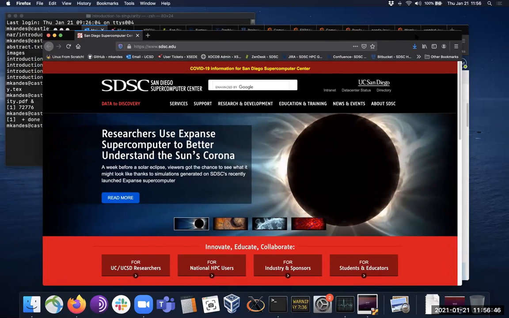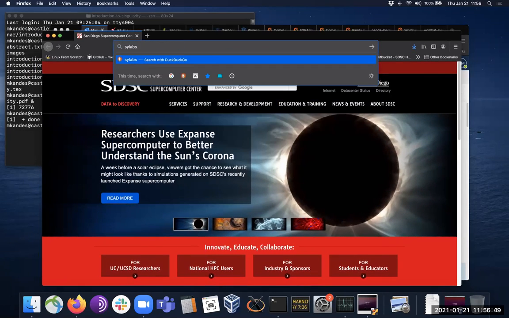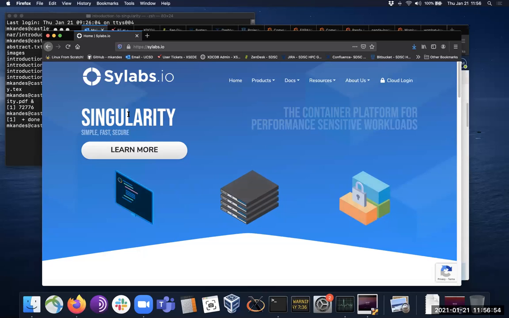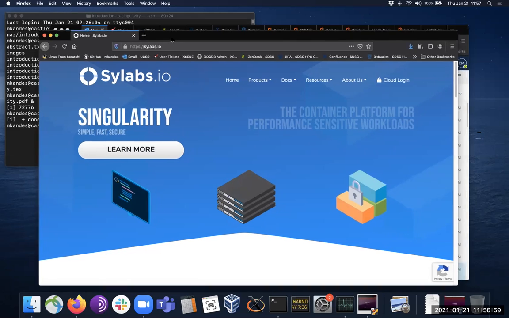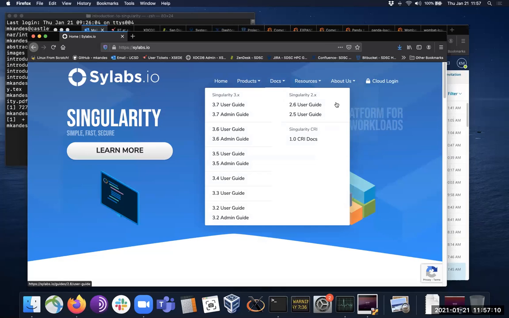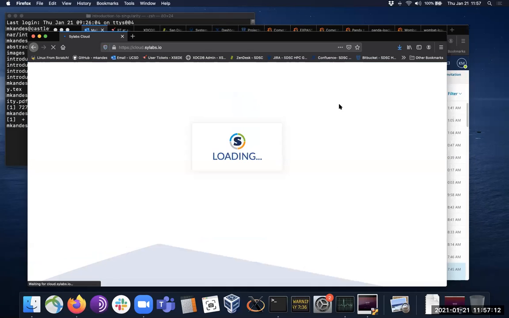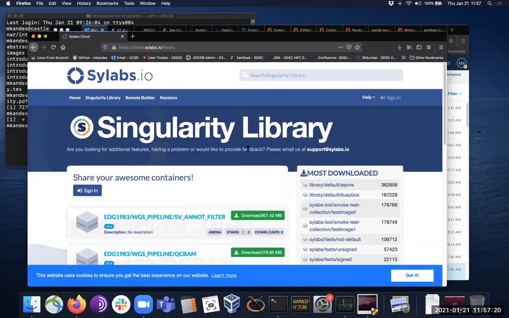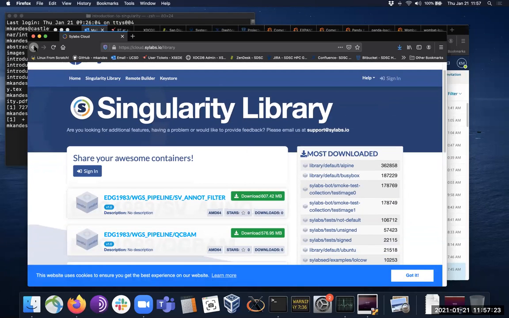If you go to Sylabs, the company that is commercializing Singularity, which started as a research open source project at Berkeley Lab, they have services such as the container library, a container registry where you can find stored images, so you can browse what containers are available there.